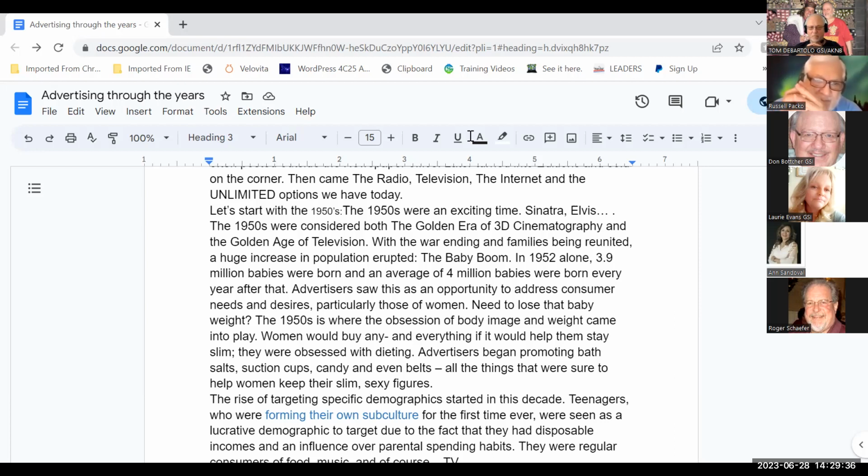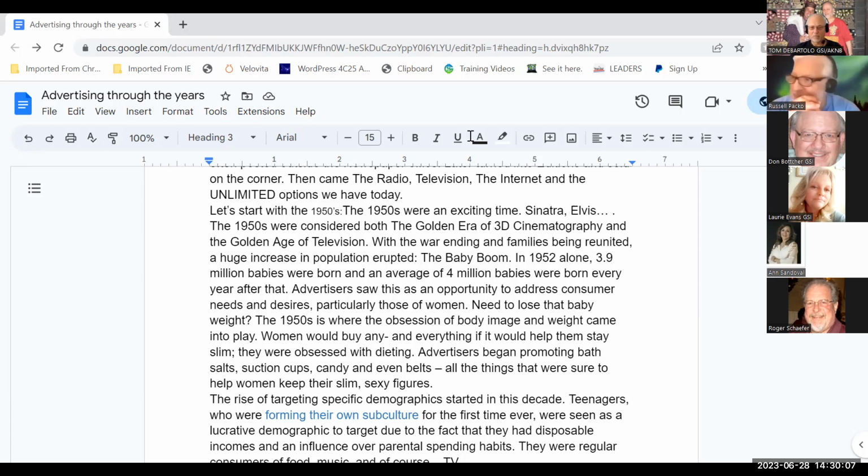For an advertiser, they saw this as an opportunity to address consumer needs and desires, particularly those of women. They were targeted early on, and to this day, they still are. Why? Women do the most shopping in the household. Women needed to lose baby fat, and they had an obsession with body image and weight.